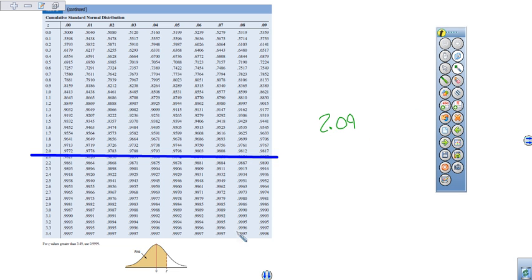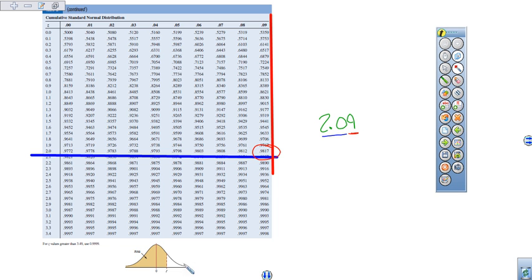So the part that we have right now is the 2.0 part. I still need to take care of the 9 part. So we come back and come across the top. That would be 2.00, 2.01, 2.02, and so forth and so on to 2.09. And there's my score.